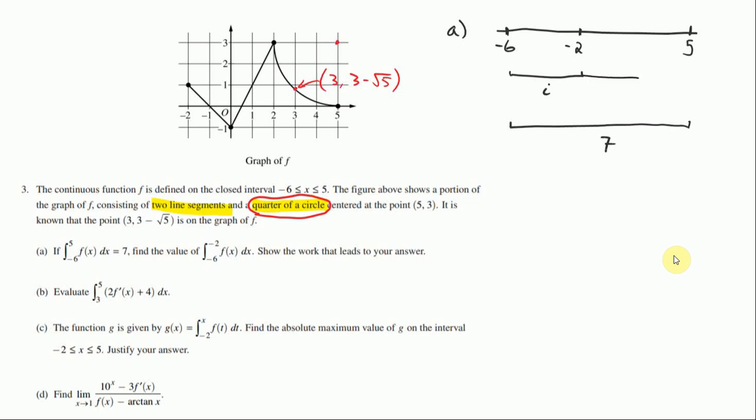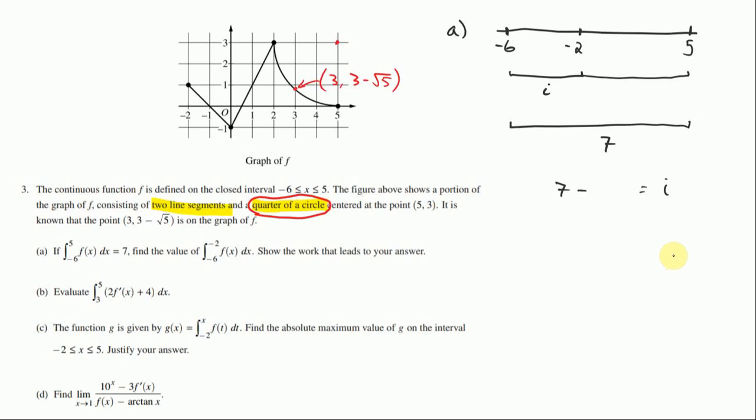And then all we need to do is find this. And then we can just say 7 minus whatever this thing is equals I. So first we need to find this integral from -2 to 5, right?